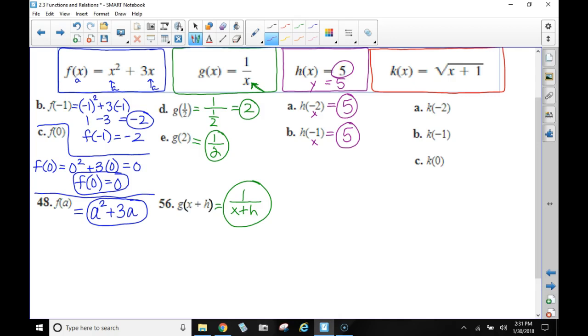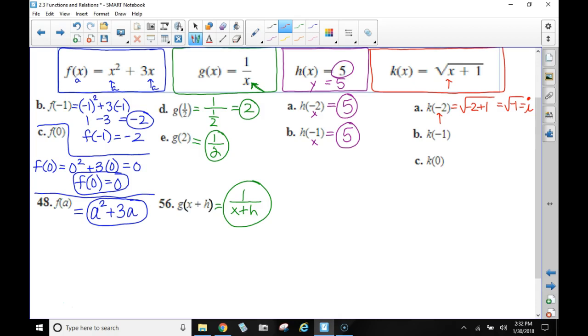Okay? So over here on our k function, k of x is equal to the square root of x plus 1. So when we're doing k evaluated at -2, we're going to be evaluating the square root of -2 plus 1. I replace the x with what I was supposed to replace it with, -2. So on this one, we get square root of -1. Ooh, which you remember what that is? That is i. Now, what we're supposed to be doing is figuring some ordered pairs here.